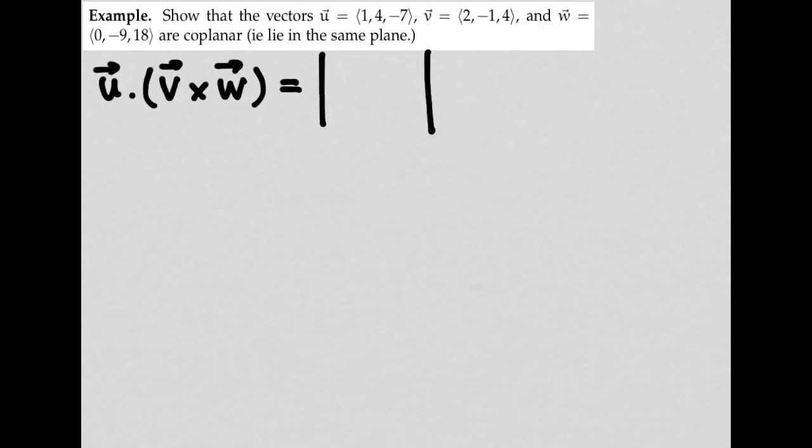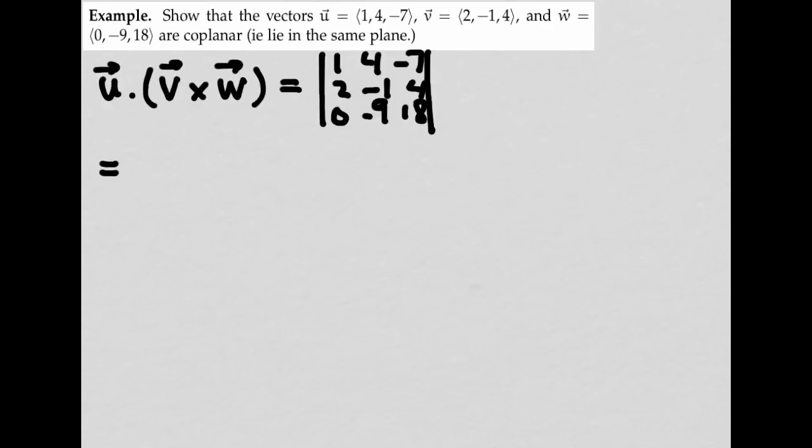So let's compute the scalar triple product. U dot v cross w. This is the 3 by 3 determinant, whose first row is 1, 4, negative 7. Second row, 2, negative 1, 4. And third row, 0, minus 9, 18.